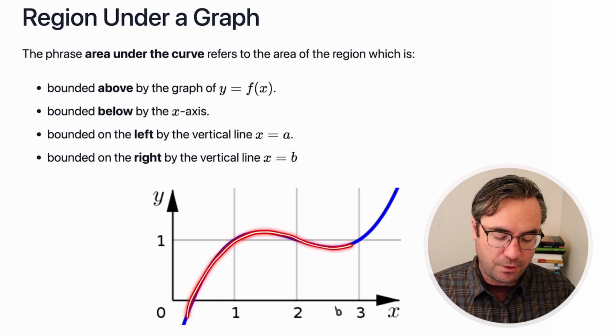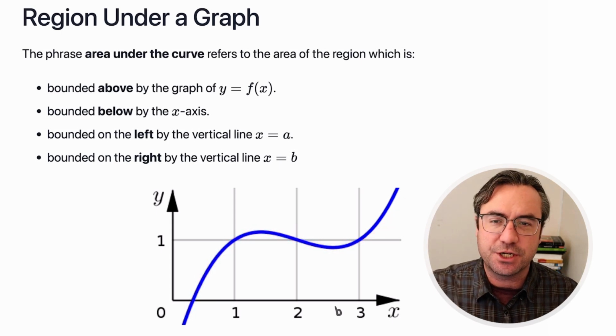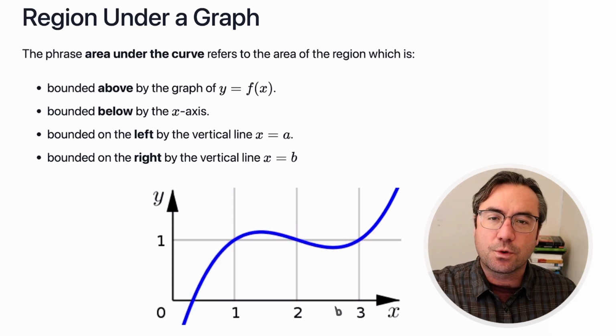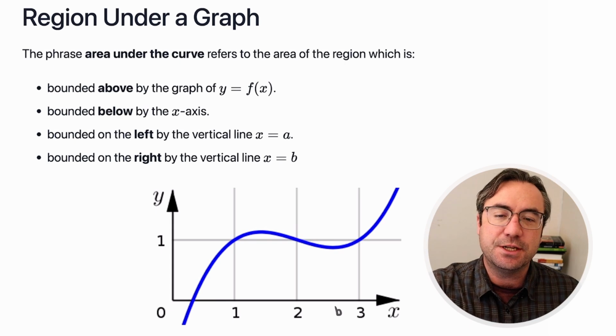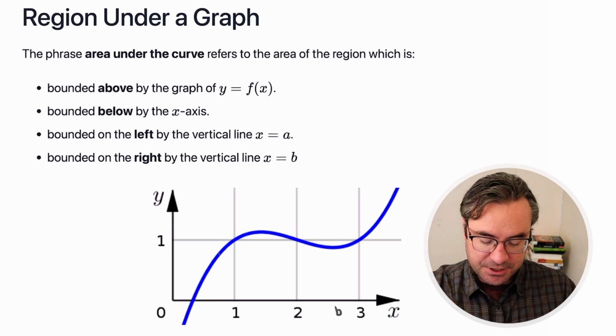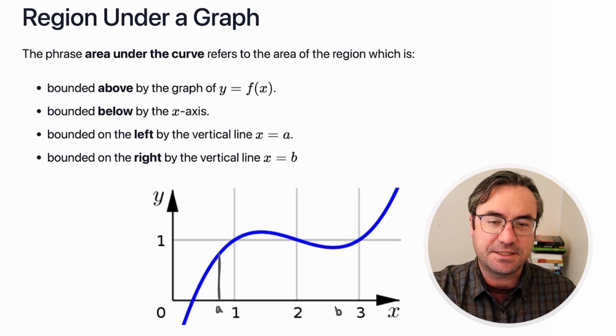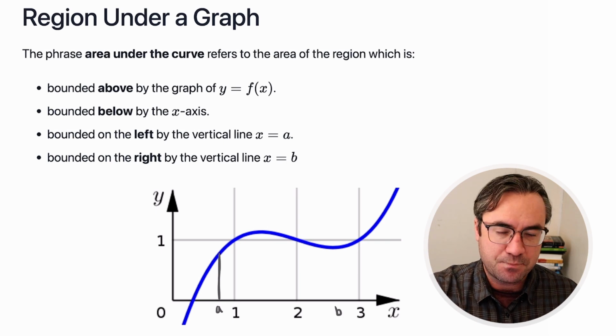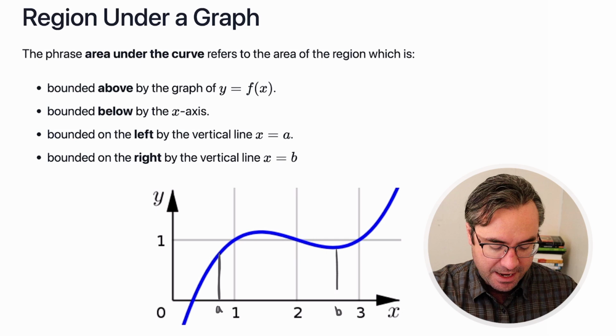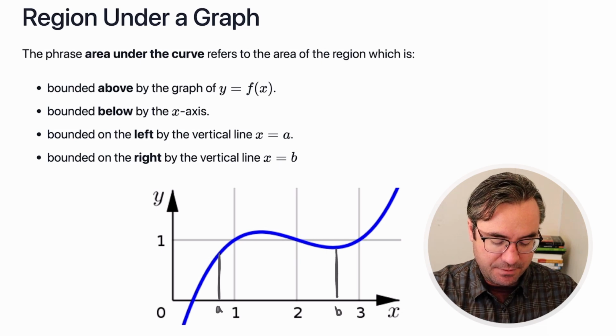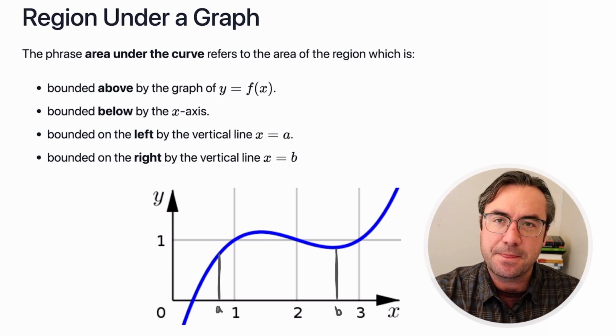So we've got a typical graph, y equals f of x, just some function here. And we're going to be looking at regions starting at some x value. So we might have a left edge given by x equals just some number a. And then we might have a right edge given by some number x equals b.